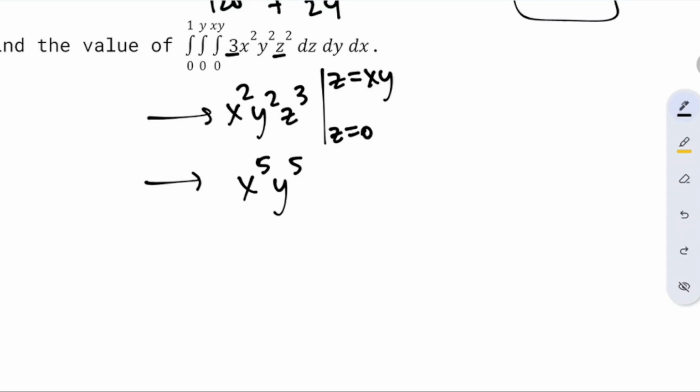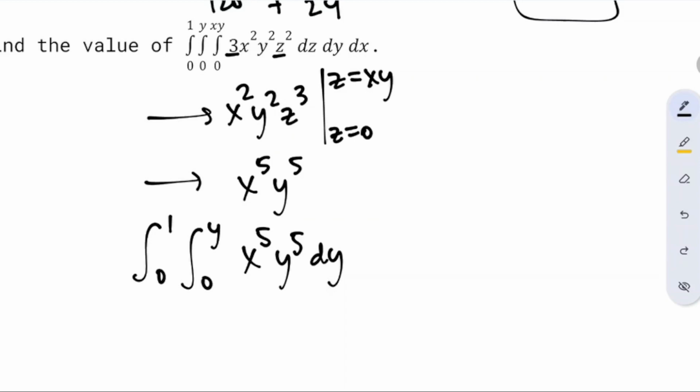Yeah. And so I'm going to be integrating 0 to 1, 0 to y, x to the 5, y to the 5, dy. That does not make sense. y equals y. I think that was a typing error, and that's supposed to be dx and then dy. Okay, that would be the only thing that would possibly make sense.